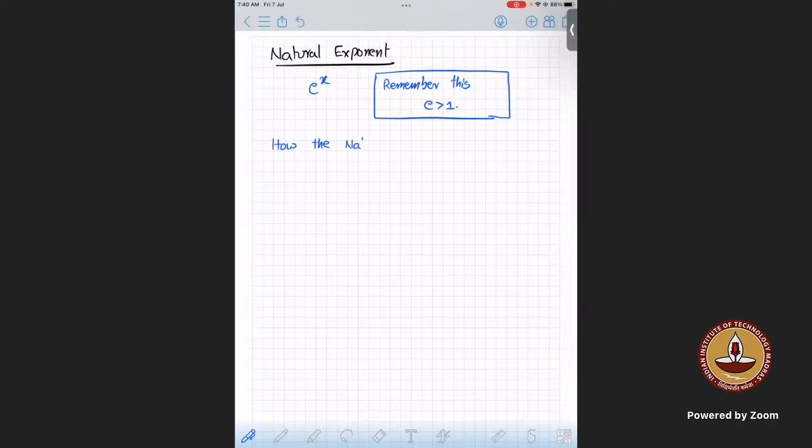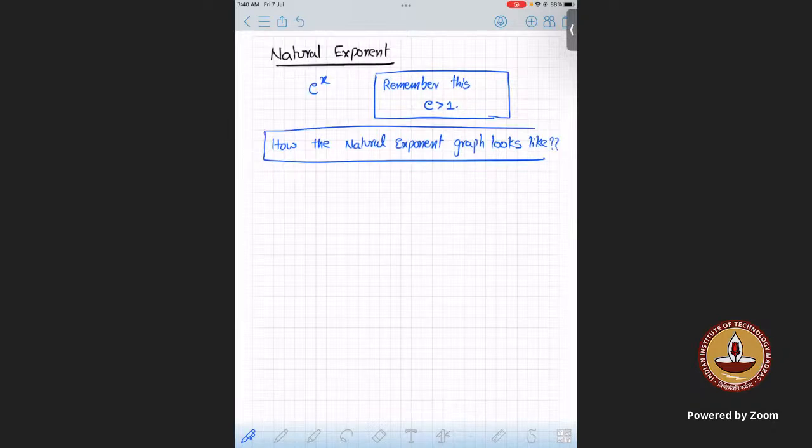Because if someone asks you how the natural exponent graph looks like, it is an increasing function.